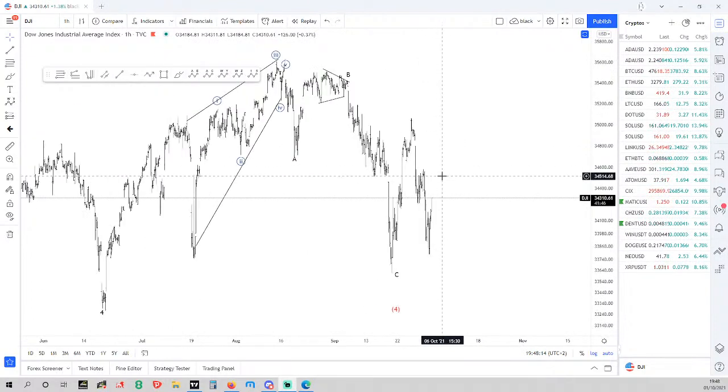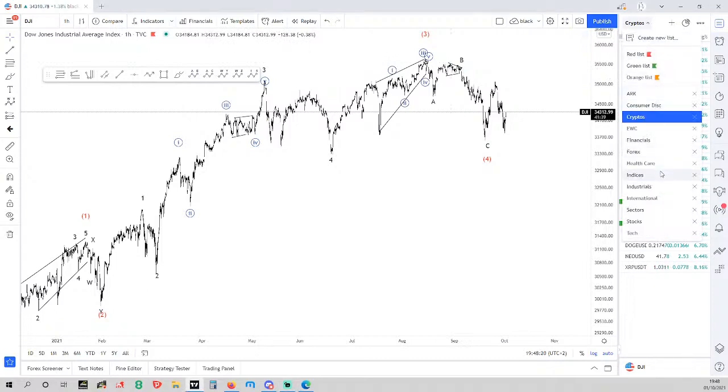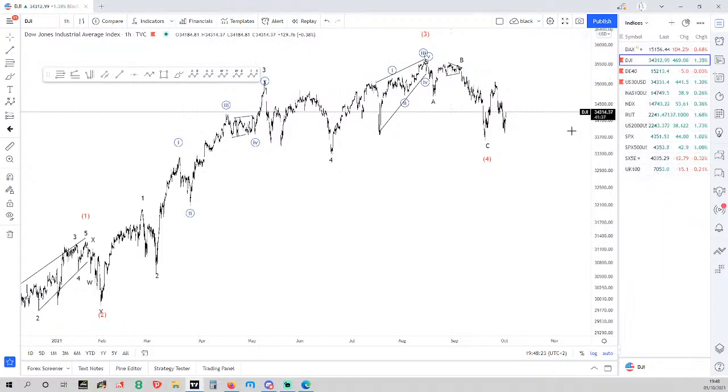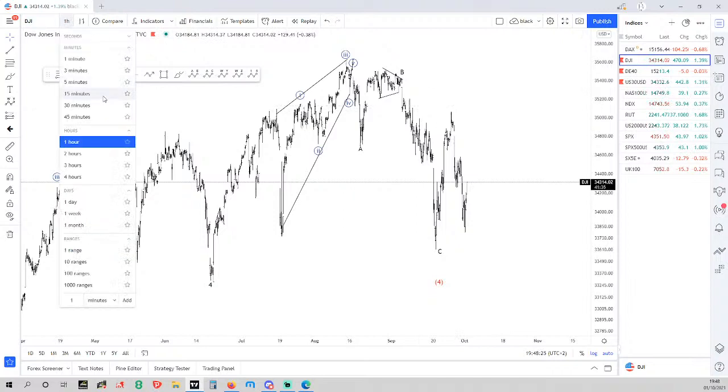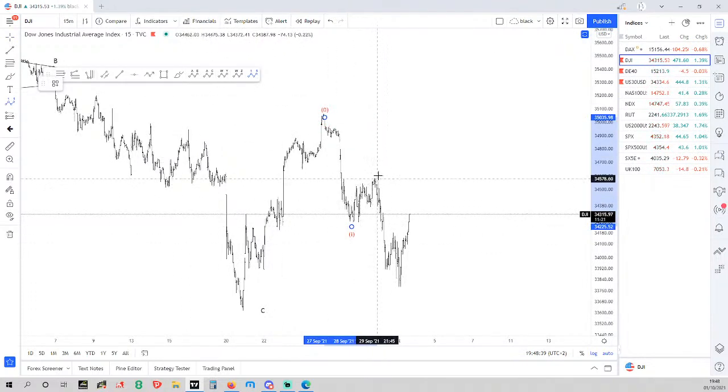What is interesting, though? Let's take for instance the Dow Jones, which would be the US 30. If this is some kind of ABC, no, this looks more like 1, 3, 4, 5, to be honest. Look at this.